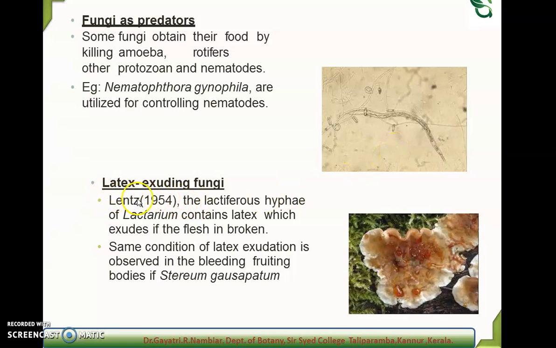Next, latex exuding fungi. The lactiferous hyphae of Lactarius contain latex, which exudes when the flesh is broken. So when the fruit bodies are broken, the latex will exude out.